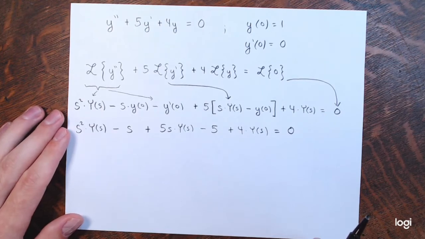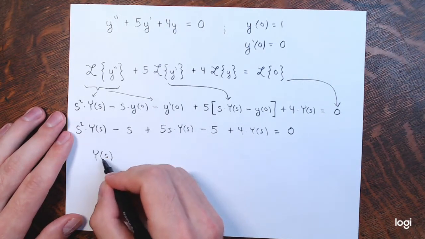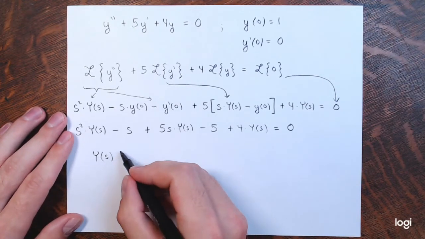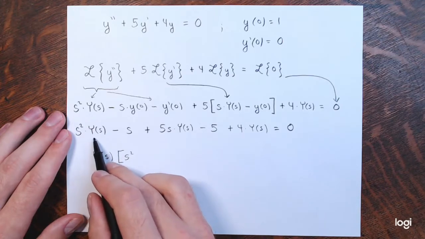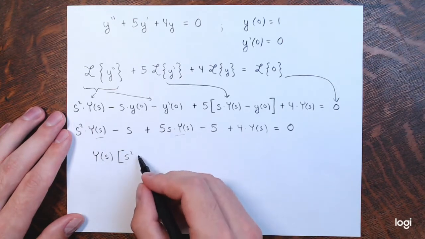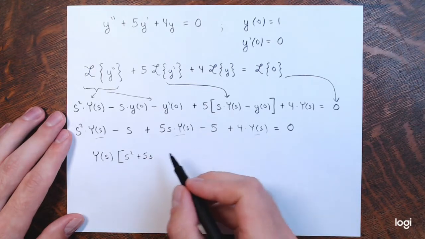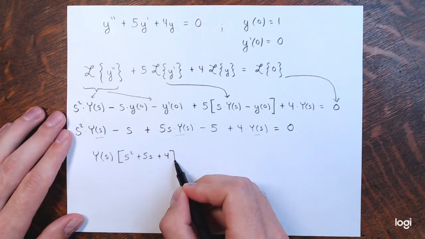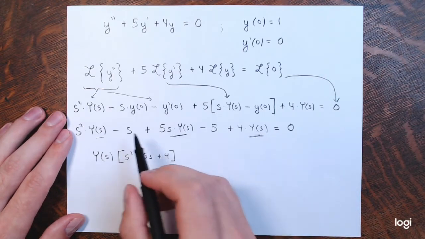Now I've got everything nicely written out here. Let's solve for Y of s. I've got Y of s, the Laplace transform of little y, times the following: s squared plus 5s plus 4. And then the terms without Y of s attached, let's take to the other side.